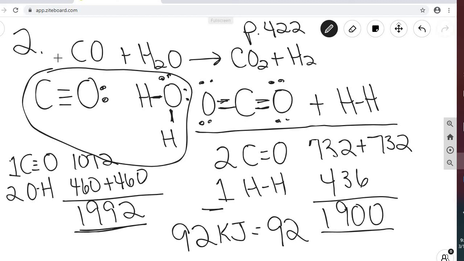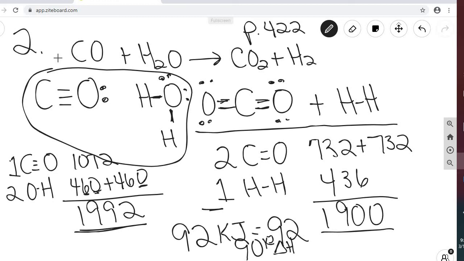The last significant figure is actually in the tens place. So delta H is equal to 90 kilojoules.